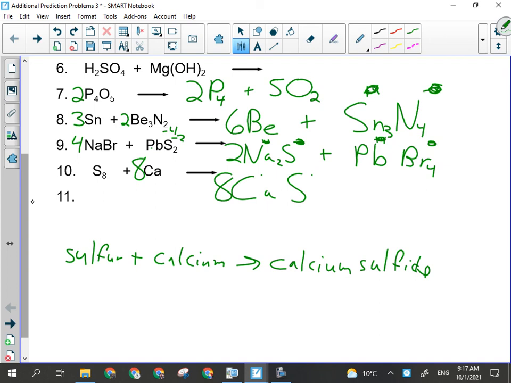So each one is out of 3 marks. In the first set of 10, you get 1 mark for balancing, 1 mark for writing the reactants in words properly, 1 mark for writing the products in words properly. So 3 marks. For the second set of 10, you get 1 mark for the reaction written out correctly, 1 mark for balancing the reaction correctly, 1 mark for the reaction type.